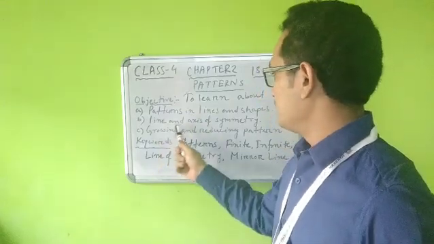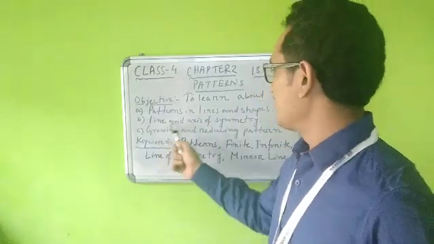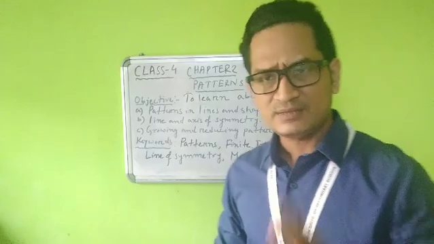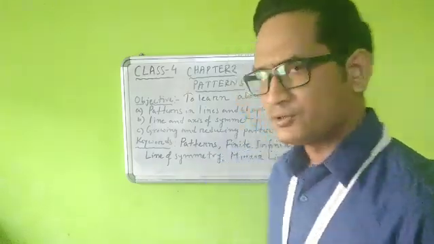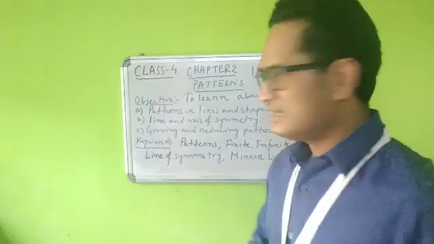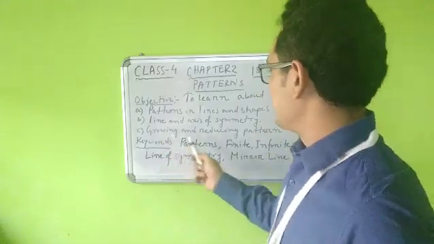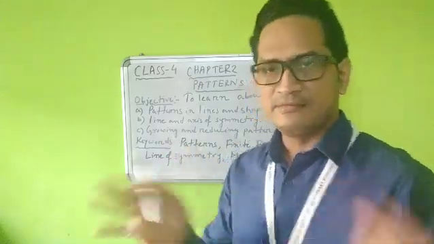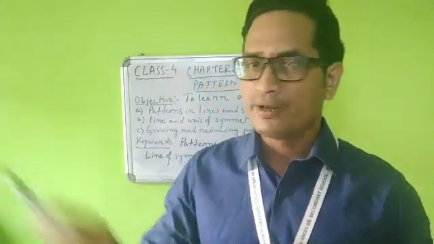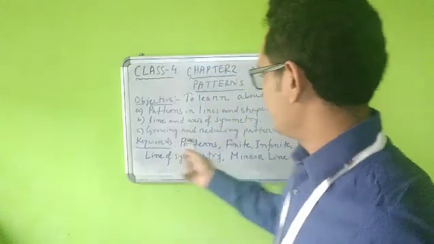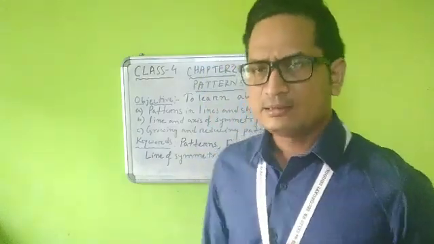The next objective is line and axis of symmetry, that is, what is line of symmetry, or axis of symmetry. And the third objective is growing and reducing pattern. There are different types of patterns, that is increasing or growing pattern, or decreasing pattern. So we are going to learn that in the third topic.